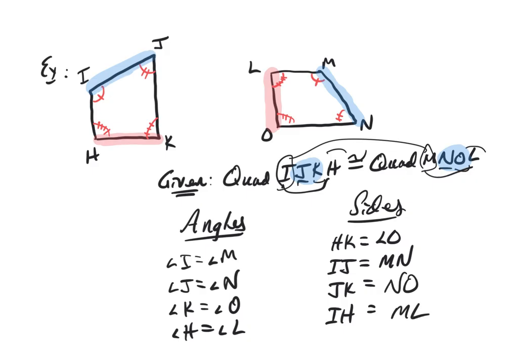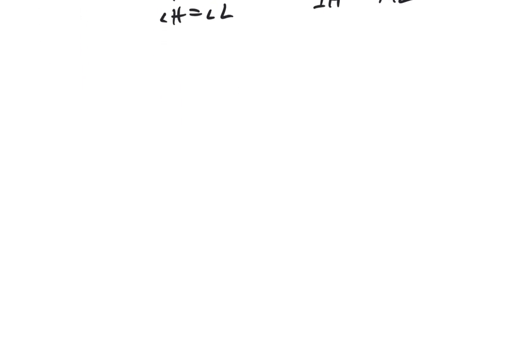So we want you to be able to identify corresponding angles, corresponding sides in congruent shapes. Okay? And in fact, you can actually do that without the pictures at all. You can identify which angles, which sides are corresponding.